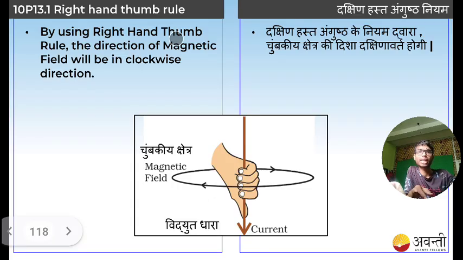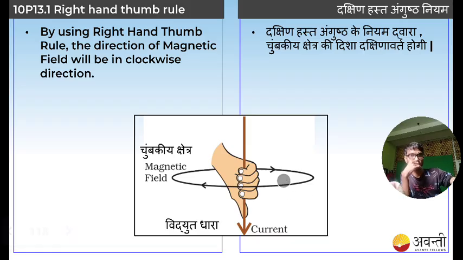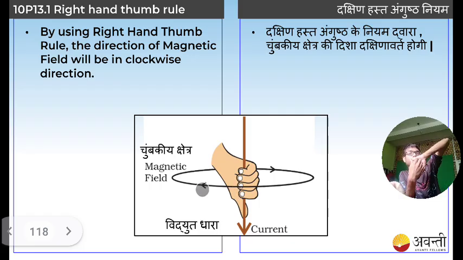By using the right hand thumb rule, the direction of the magnetic field will be in the clockwise direction. We are still using the right hand, but now we hold it like that. Here the direction of the current is in this, and this will be what? Clockwise. In the previous case, this was anti-clockwise. It will be just opposite. The magnetic field direction will be like that, and the current direction is downward.